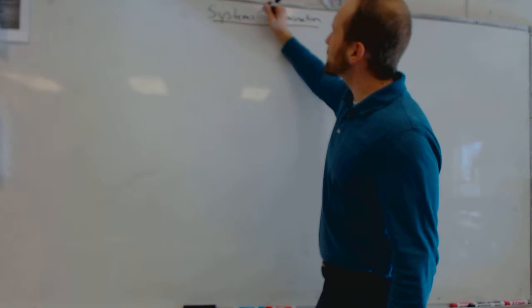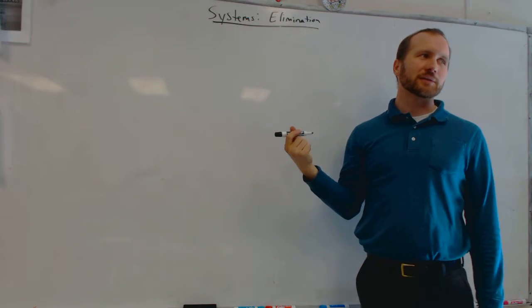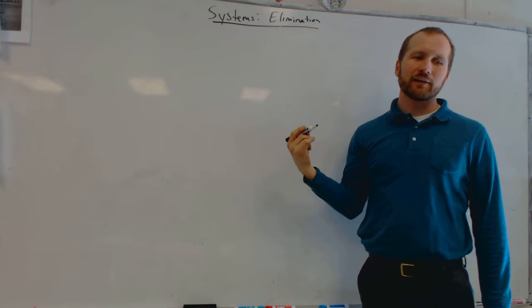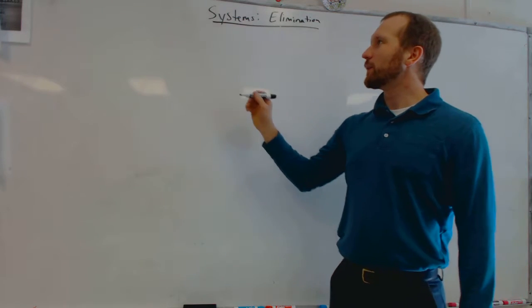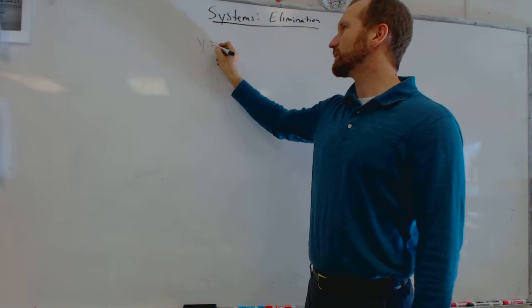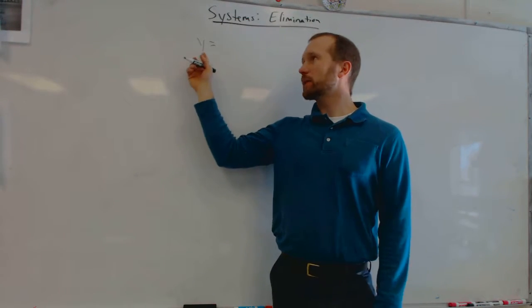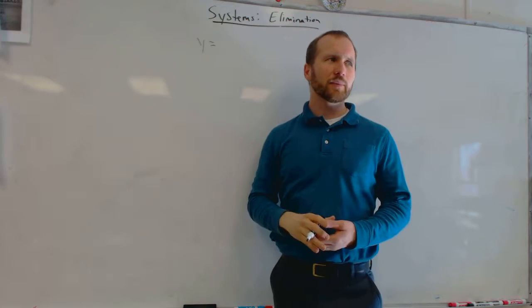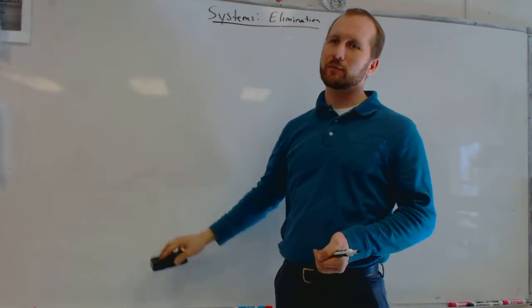All right, systems of equations using the elimination method. So systems elimination. All right, substitution was really nice for solving systems when they looked like y equals, in other words, slope-intercept form. But we all know that not all equations are written in slope-intercept form.